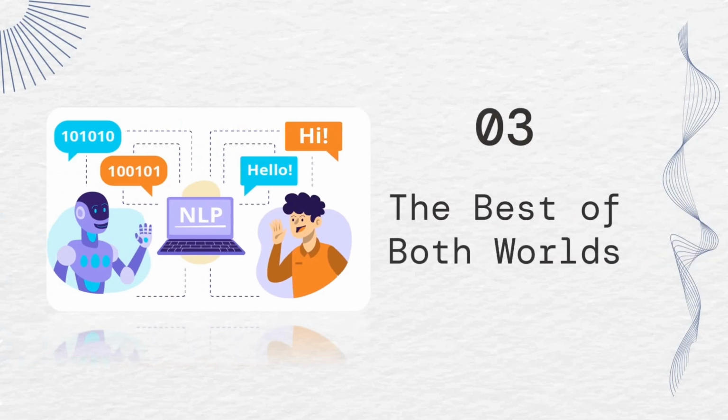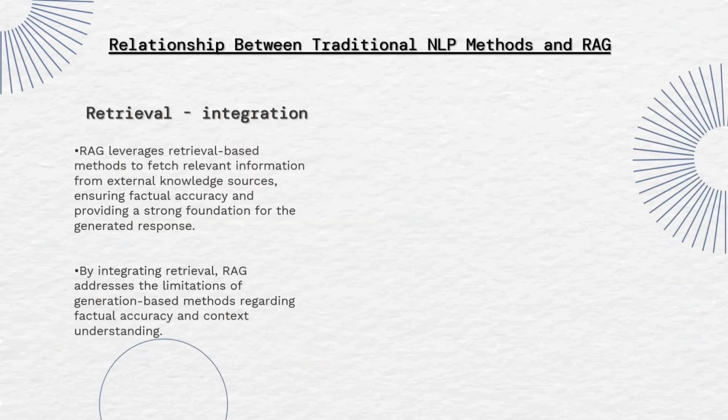And now it must be making sense to you why this topic is named so. Retrieval-augmented generation is built on the principle of seamlessly integrating retrieval-based and generation-based methods to produce accurate and contextually relevant responses. Under this topic, we will take a look at the relationship between traditional NLP methods and RAG, that is, how these traditional methods give rise to the RAG mechanism.